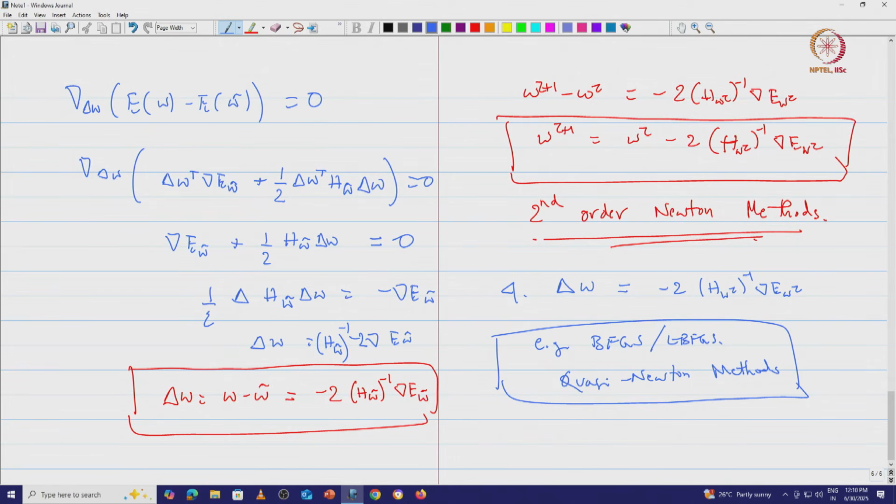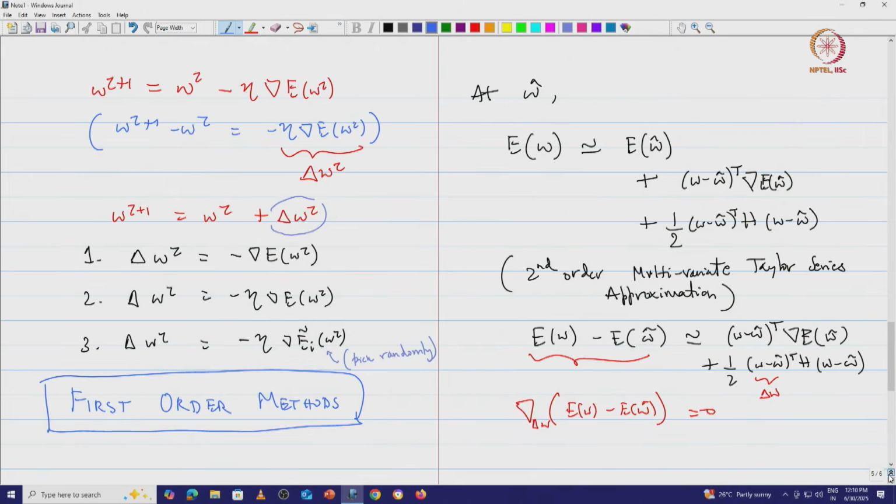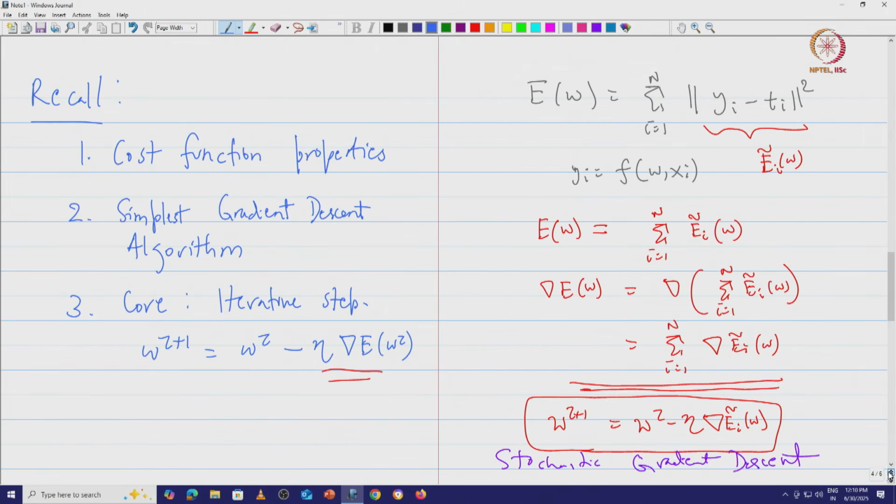This brings us to the end of looking at the gradient descent algorithms. So we can summarize what we have looked at. In these two lectures we started with the cost function, and we understood that minimizing the cost function was the learning part of the machine learning algorithms.